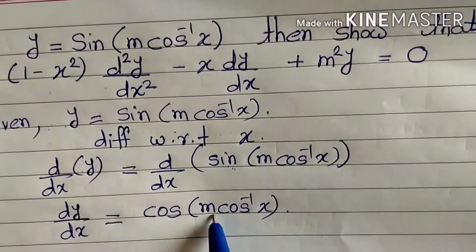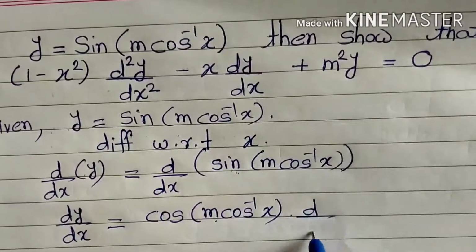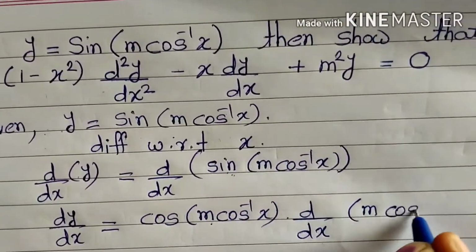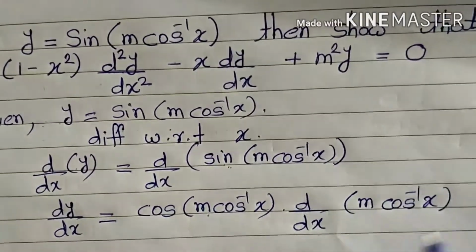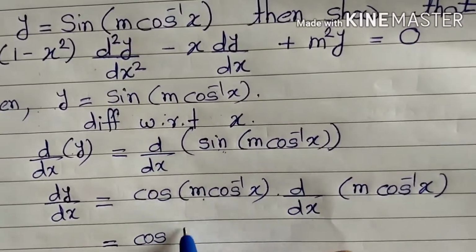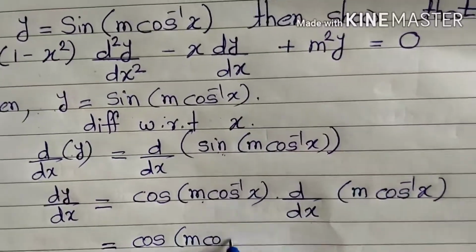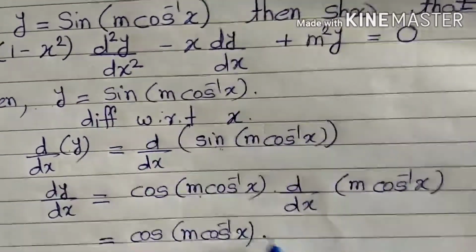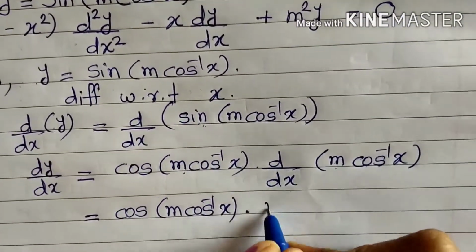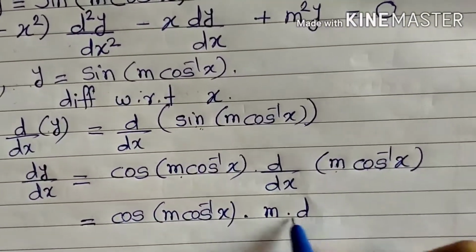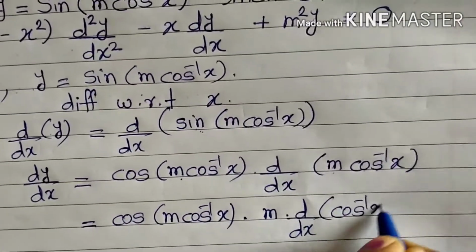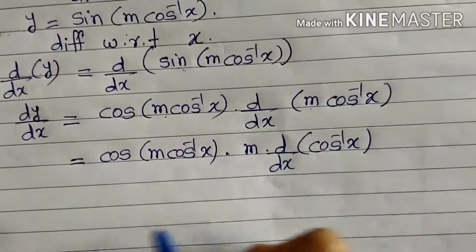But this is a function, so we have to take the derivative of this function also, which is m cos inverse x. So cos(m cos inverse x) into the derivative of m cos inverse x. m is a constant, take it outside of differentiation, m into the derivative of cos inverse x.